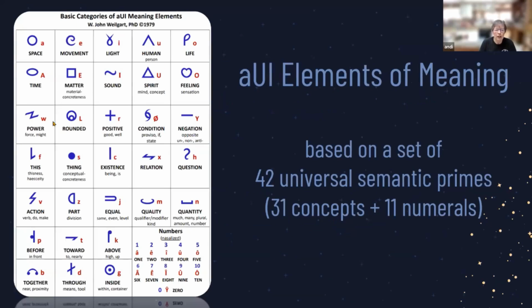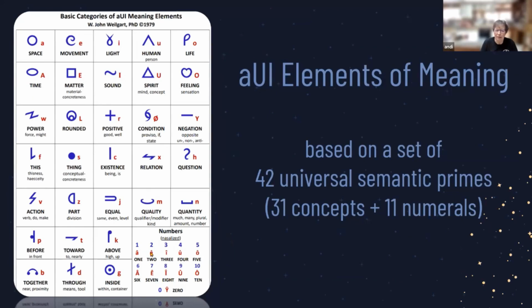So here is the chart of the aUI elements, the elements of meaning, and we could consider these 42 semantic primes if you count the numerals. And usually we've always said there were 31, but yes, numerals are also contained in combinations in aUI formulations, like the colors.